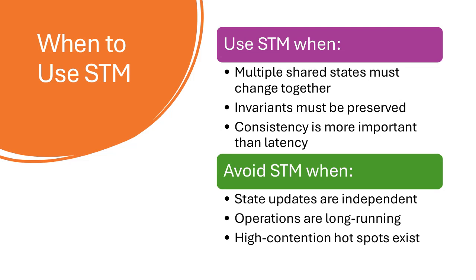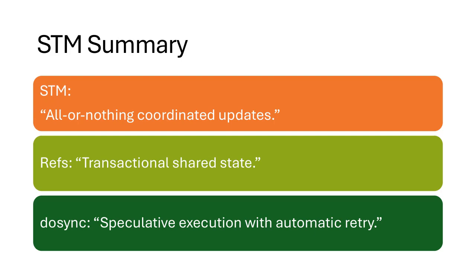It's also not a good fit for long-running operations because transactions retry on conflicts, which can cause delays. Additionally, STM struggles with hotspots where many transactions try to update the same data simultaneously, leading to high contention and reduced performance. Understanding when to apply STM helps balance the trade-offs between consistency, latency, and concurrency in your system.